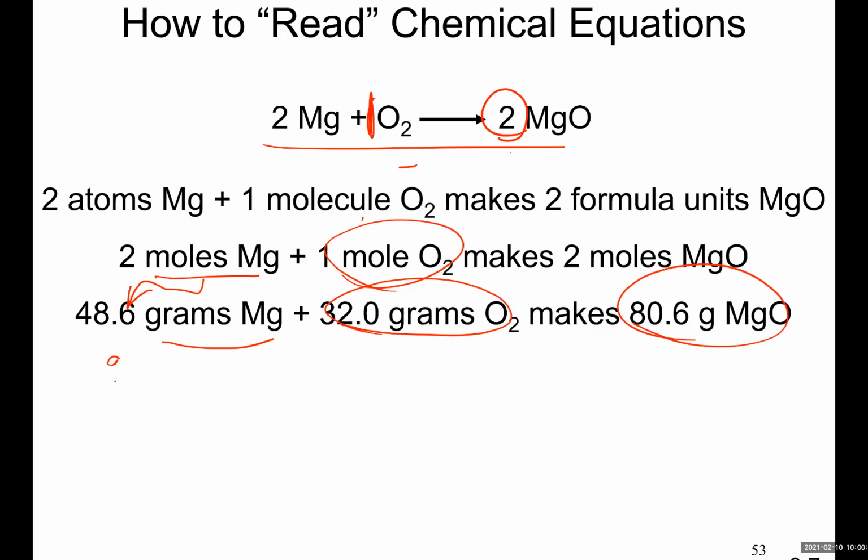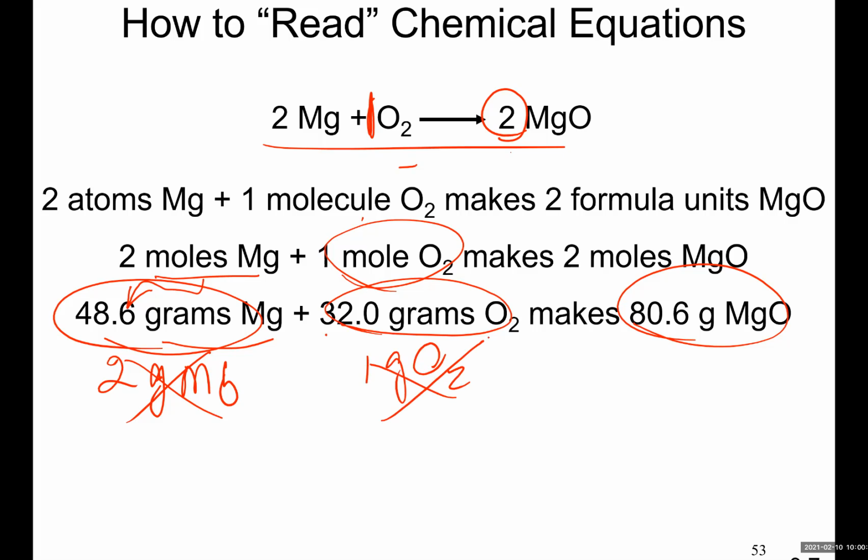In other words, it's not 2 grams of magnesium, but 48.6 grams. It's not 1 gram of O2, but 32.0 grams. It's not 2 grams of MgO, but it's 80.6 grams of MgO.